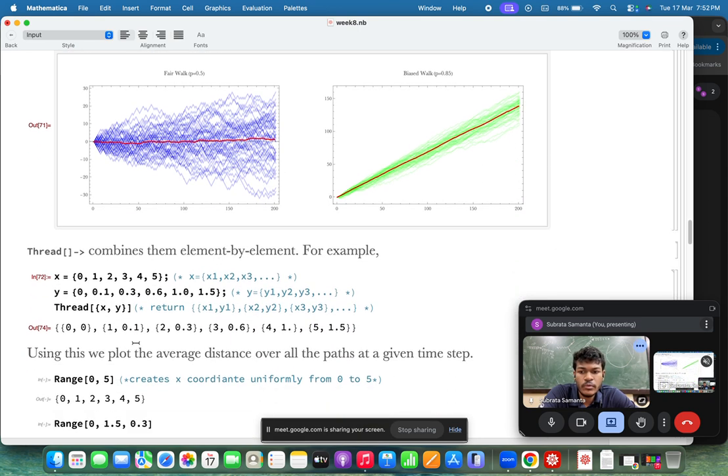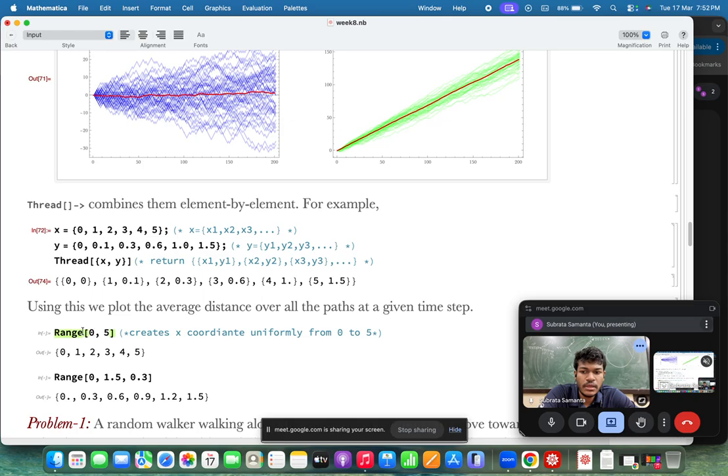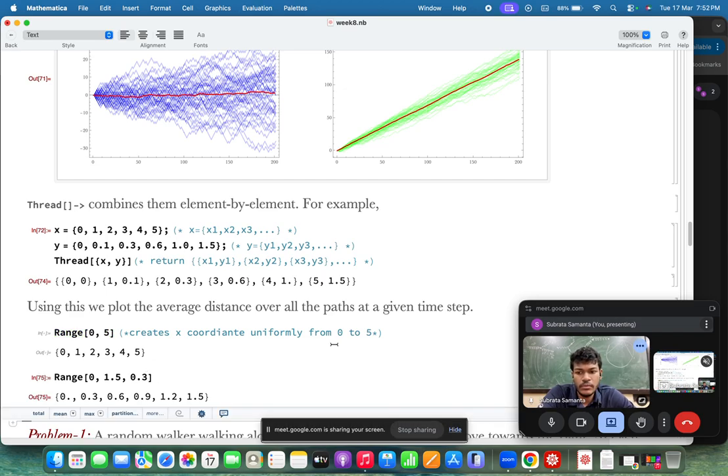If we do not put any number after that, by default the gap is set to 1. That means it creates x coordinates uniformly from 0 to 5 with a gap of 1: 0, 1, 2, 3, 4, 5. If you put, let us say, 0.3 here, it creates a list from 0 to 1.5 with a gap of 0.3.